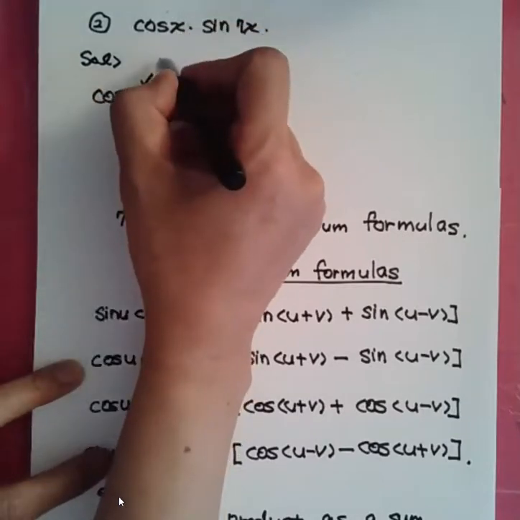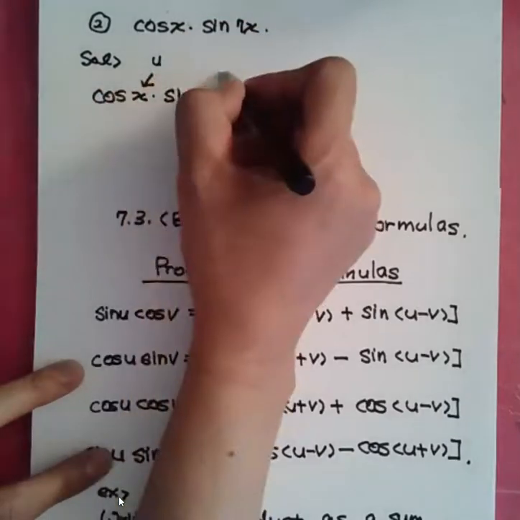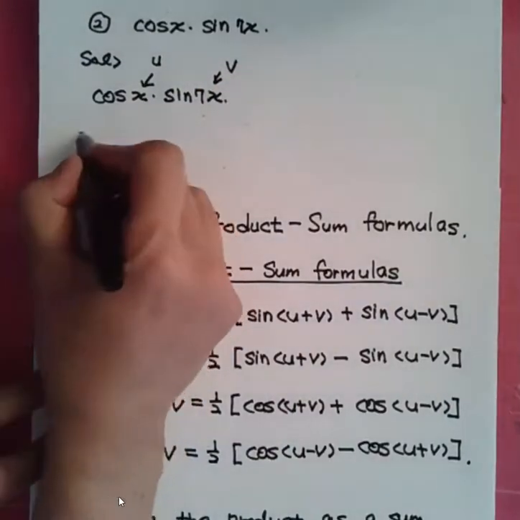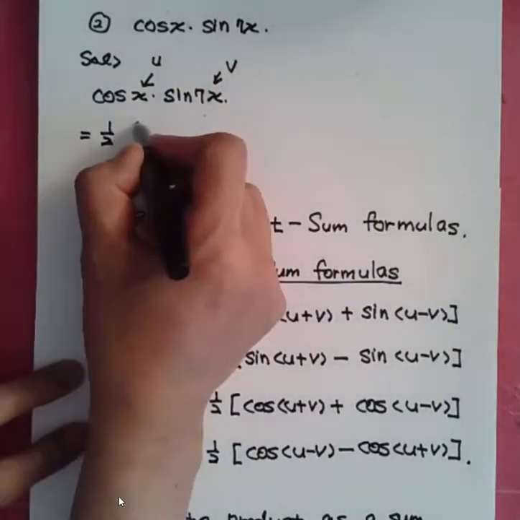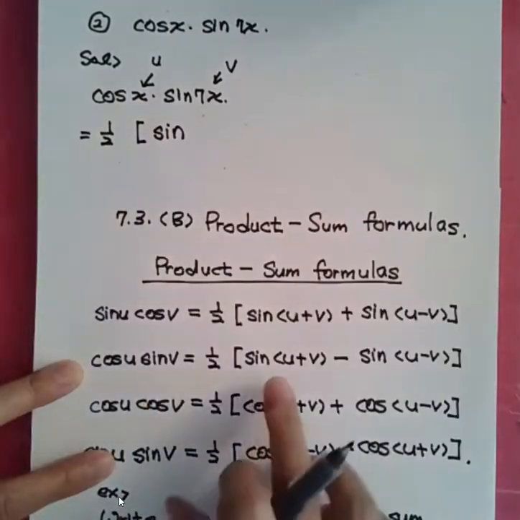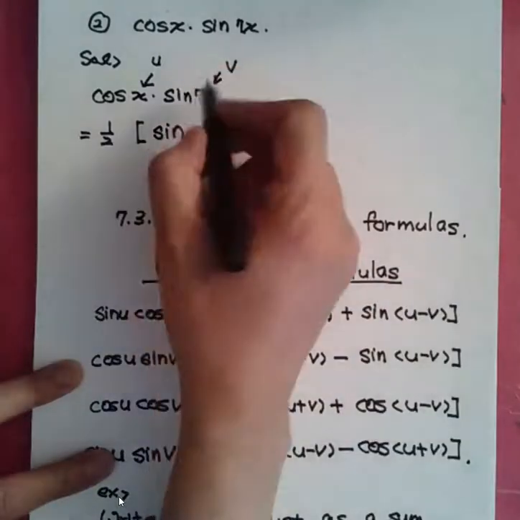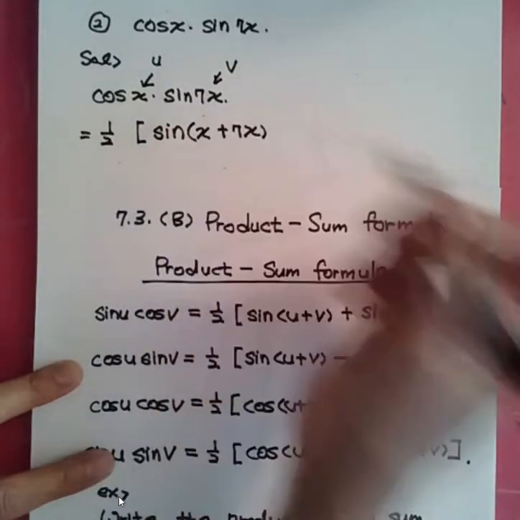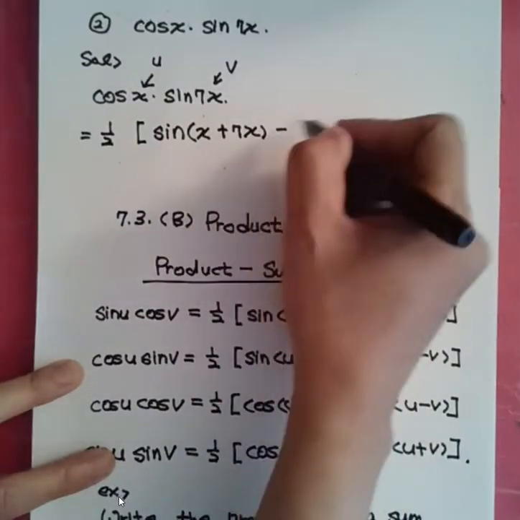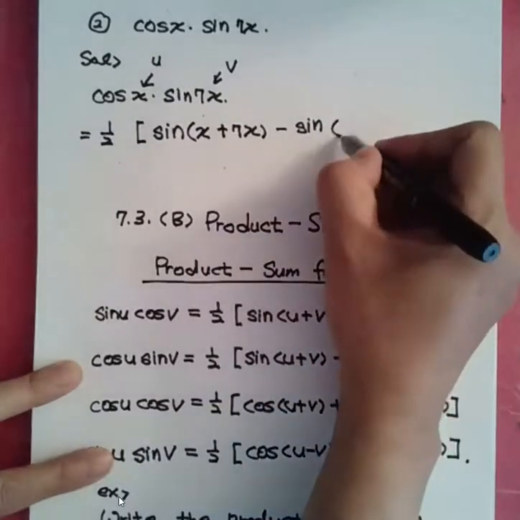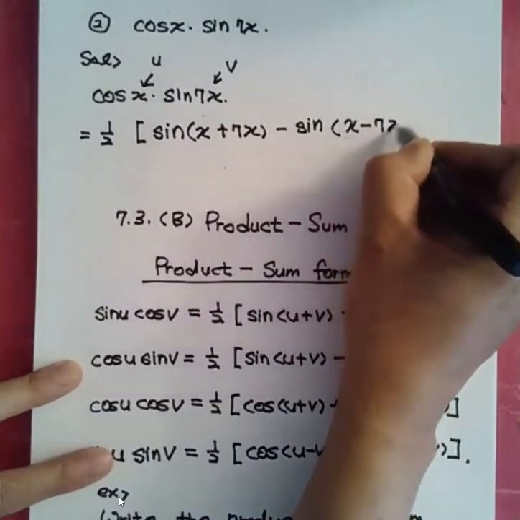In this problem, u is x and v is 7x. So 1 over 2 sine of u plus v, x plus 7x, then subtract sine of u minus v, x minus 7x.